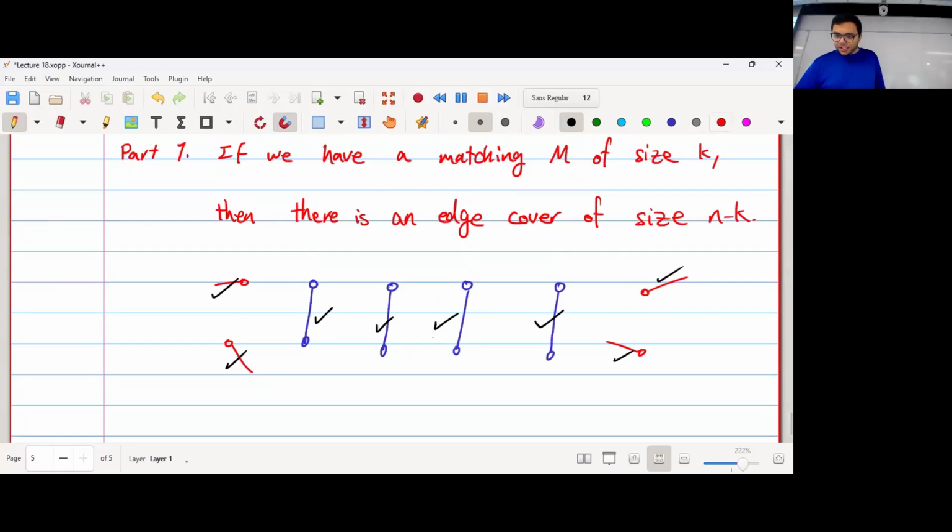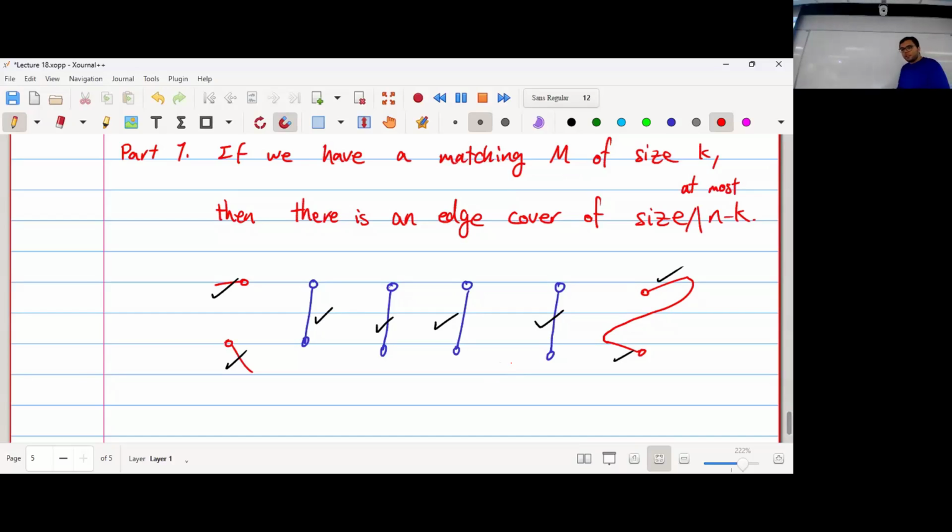So it might be that this edge was the same as that edge, right? So it might be that my edge cover doesn't actually have n minus k edges. Maybe I have less than n minus k edges, right? But what this is proving is that I'm creating an edge cover of size at most n minus k. I'm definitely not taking more than n minus k.